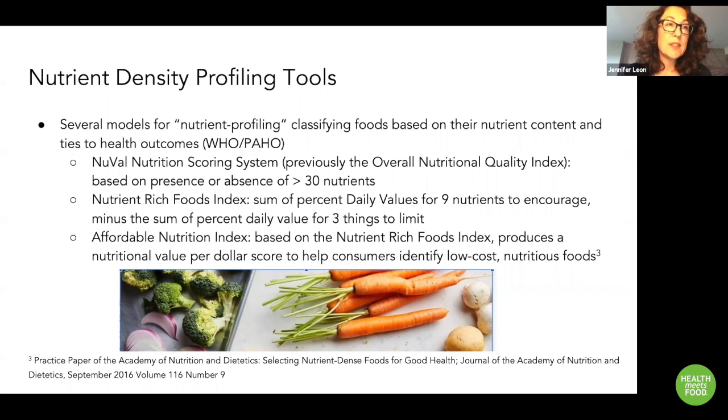For maximum effectiveness, the nutrient profile models need to be transparent, based on publicly accessible nutrient data, and also validated against independent measures of a healthy diet. There are many nutrient density profiling tools, and I listed a few of them, but you may see reference to them in various ways if you go looking for evidence for nutrient dense foods. Okay, next slide, please.